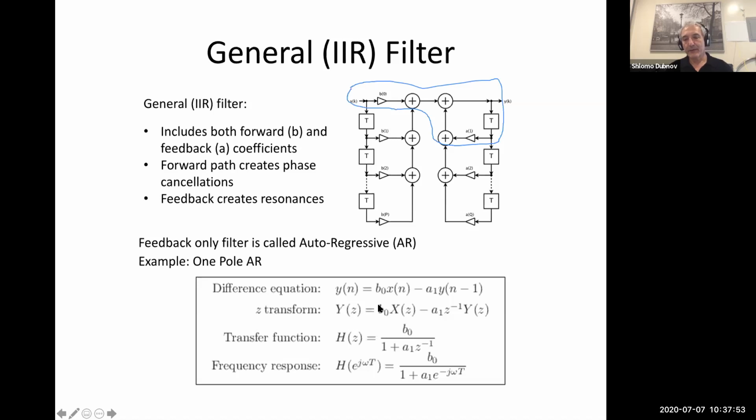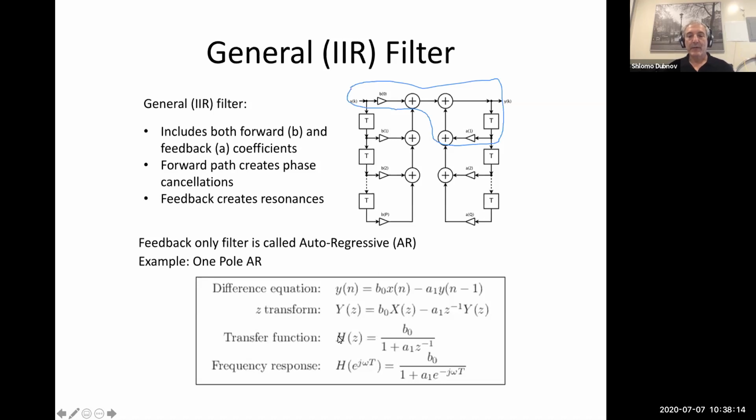So if we move everything to the other side, we'll have Y plus A1 Z minus 1 Y on this side and B0 X here, and then we divide by this. This is the transfer function of this filter, and I will show this a little bit later in more detail.